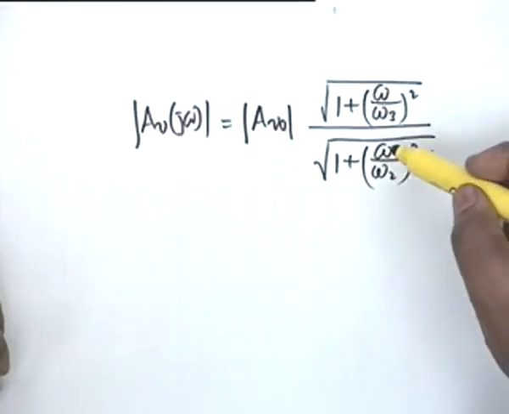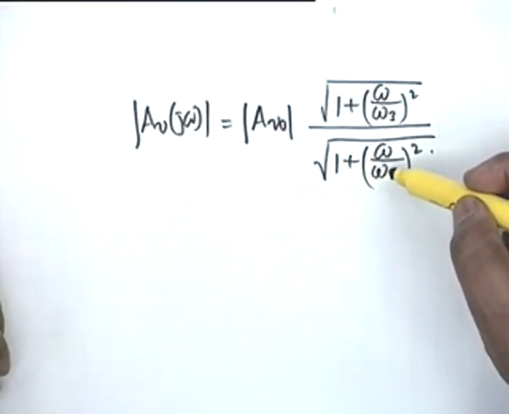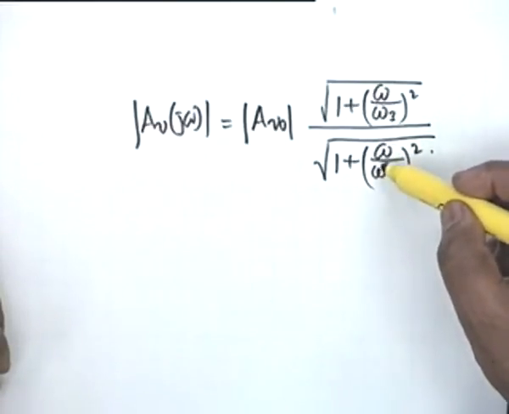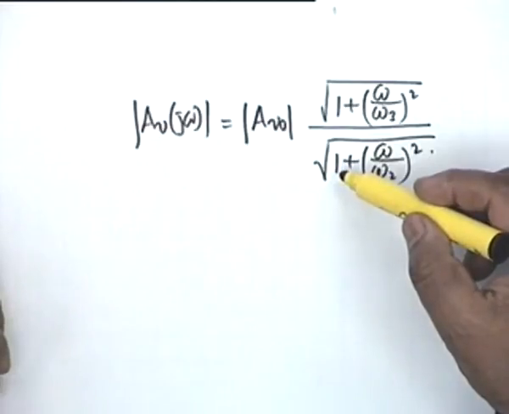If omega is nearly equal to omega 2, then this denominator factor obviously compares favorably with unity.